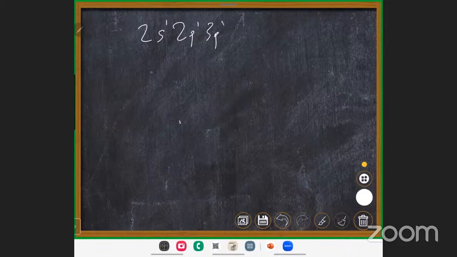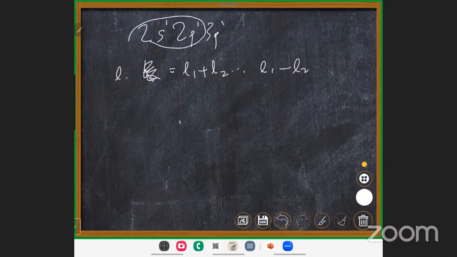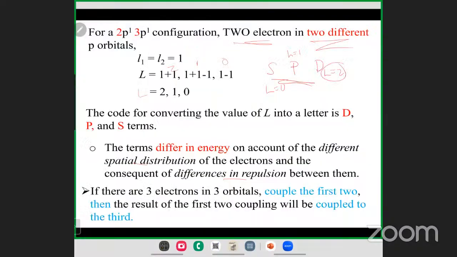First you do L1 plus L2 until L1 minus L2. Once you've got that, this is not L yet. This is just some L, say L prime. And then you have L, which is going to be L prime plus L3 until L prime minus L3. Then you will get the total L. So that's how you do it.